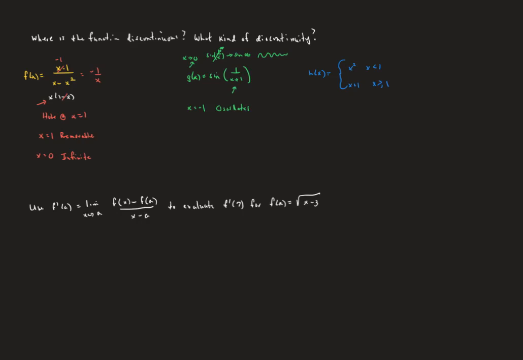Now on the blue one, if you imagine what's happening here, as we approach 1, we know this left side here, x squared is a parabola. So it's coming in at 1, it wants to be 1, so it's heading in towards that point 1, 1. Meanwhile, this x plus 1 is just a straight line, but when you plug in 1 for x, that's going to be 2. And so there's going to be a solid dot there.